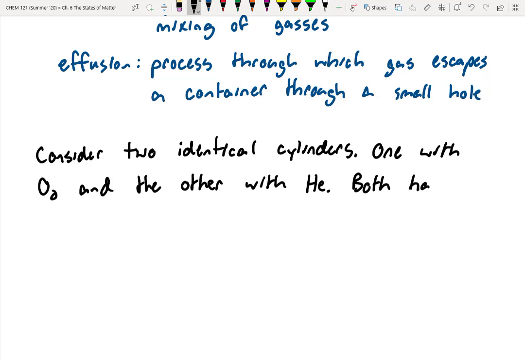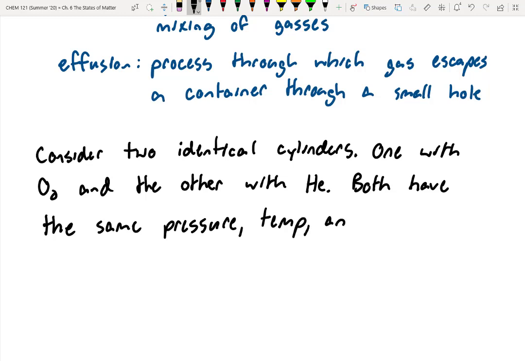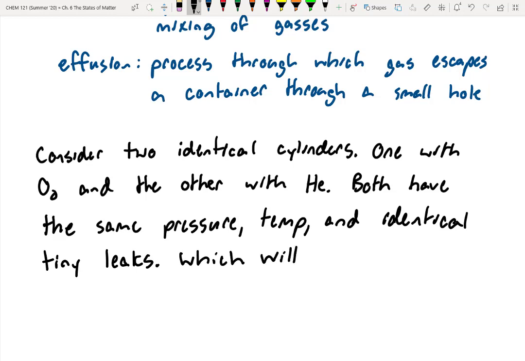Both have the same pressure, temp, and identical tiny leaks. Which will leak faster?